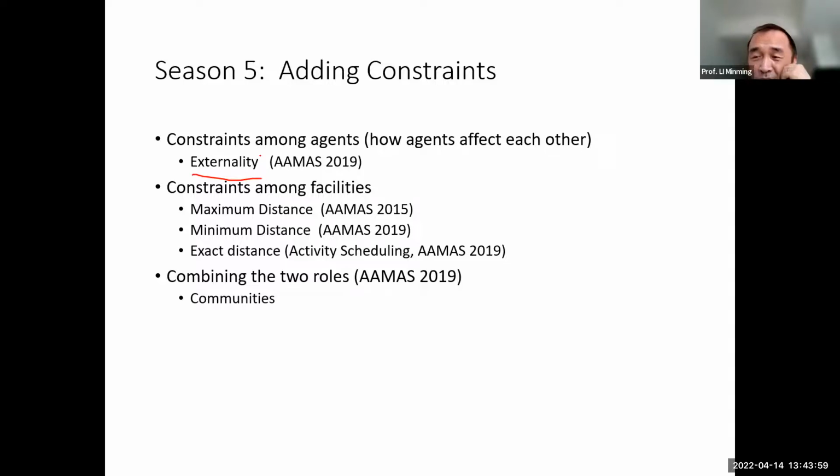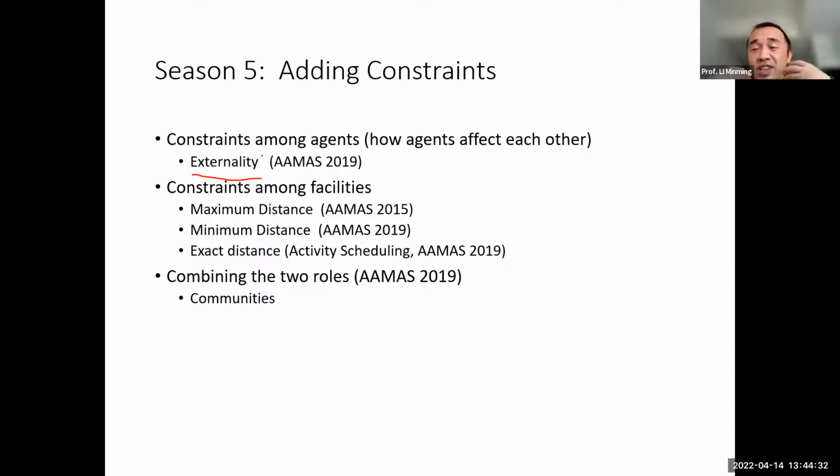Imagine that you are building a shopping mall and you have a lot of friends, and then your utility or your gain is somehow affected by how close your friend is to the mall, not only yourself, because sometimes shopping together with a friend will be enjoyable, right? So if your friend is very, very far away from the mall, he or she is reluctant to go out, then you will also be less happy. So externality means your utility is decided not only by your own distance, but also by other people's distance, okay? Your friend's distance. You need to add them together, all right?